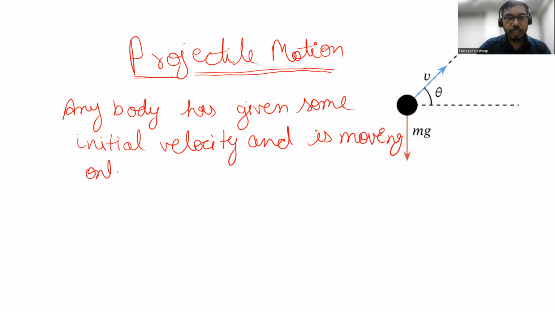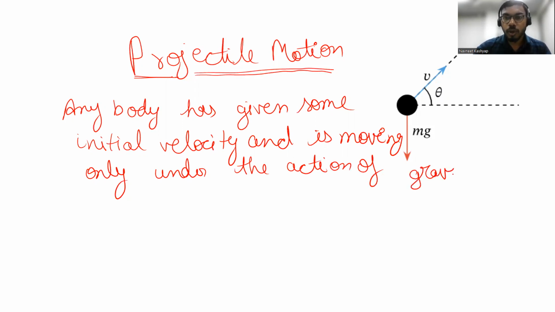That is, there is no extra engine or fuel or other body which is applying force on it to keep it in motion, that is, change its acceleration or anything. It is moving only under the action of gravity. Such a body is called a projectile, and its motion is called projectile motion.